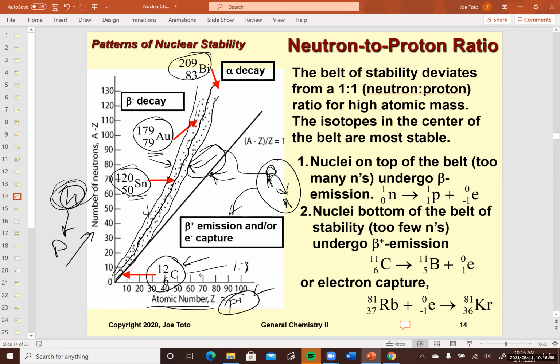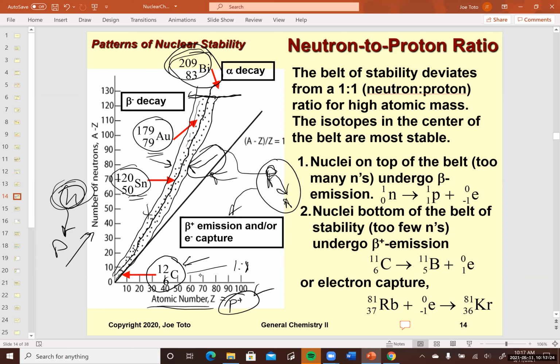Now, once you get up here, the last atom, the bismuth atom, it turns out that whenever you go larger on the periodic table than bismuth, let's see, what would that be? Polonium is the next one. All the elements after bismuth are not stable.